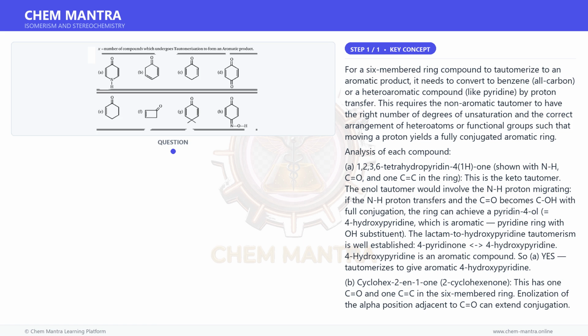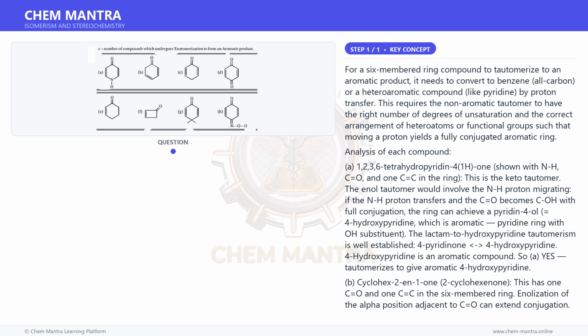4-pyridinone, 4-hydroxypyridine. 4-hydroxypyridine is an aromatic compound. So, A. Yes, it tautomerizes to give aromatic 4-hydroxypyridine. B. Cyclohex-2-en-1-one. This has one C=O and one C=C in the 6-membered ring. Enolization of the alpha position adjacent to C=O can extend conjugation.